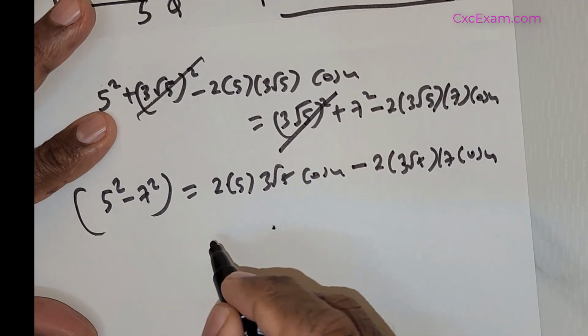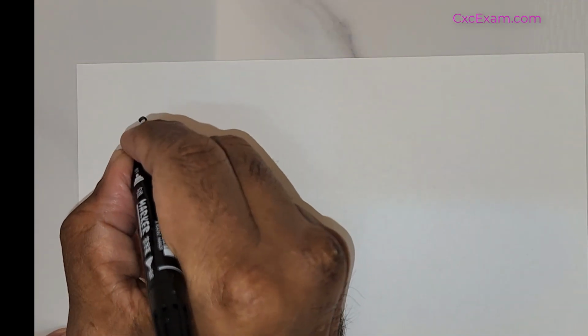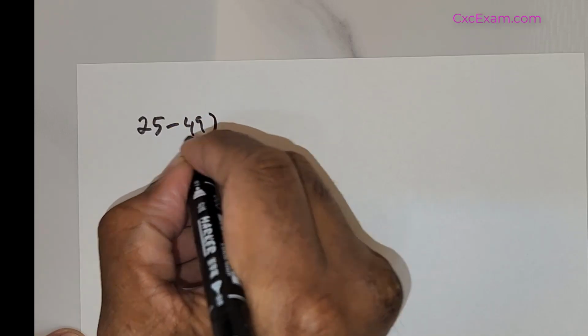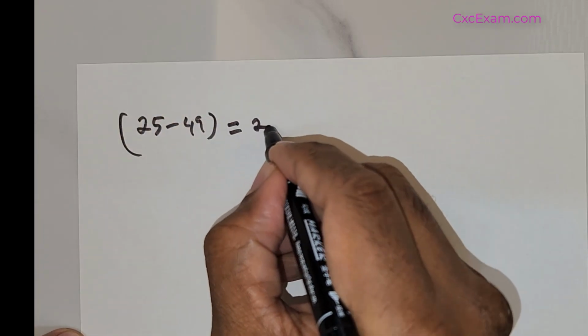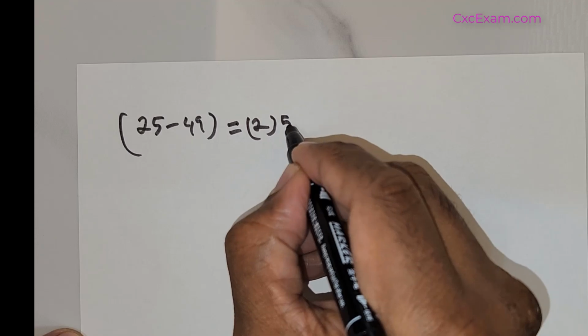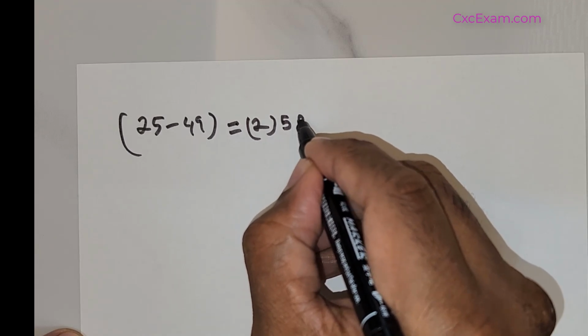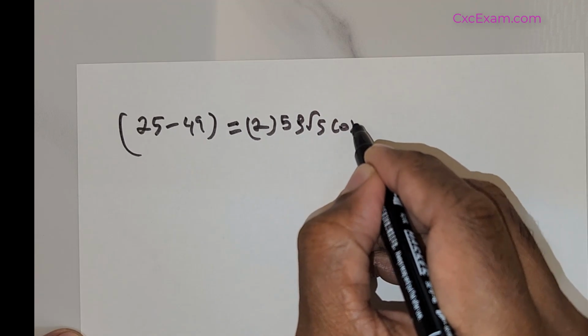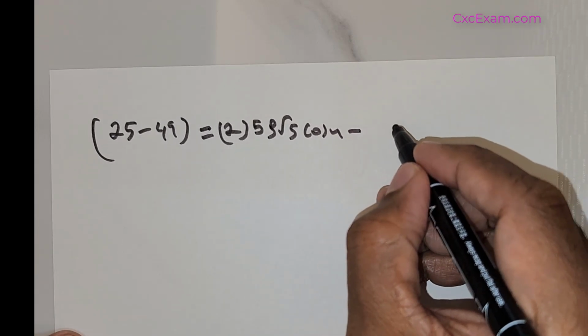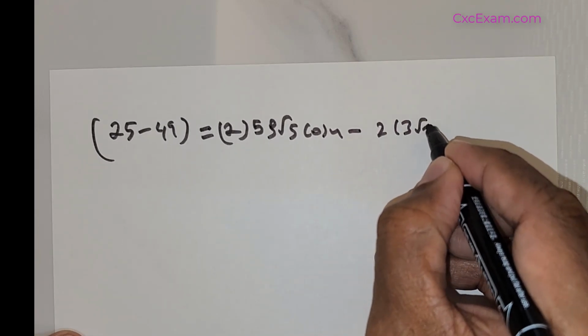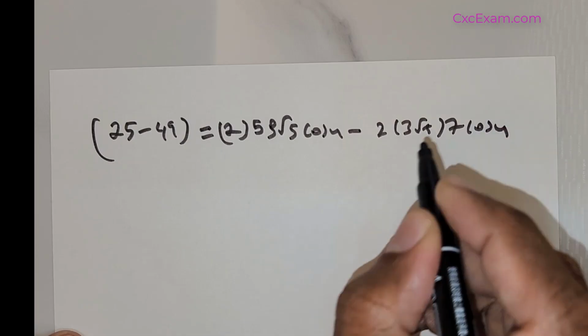So this is what we got. We have 25 negative 49 equal to 2 times 5 times 3 times the root of 5 times cos u negative 2 times 3 times the root of 5 times 7 times cos u.